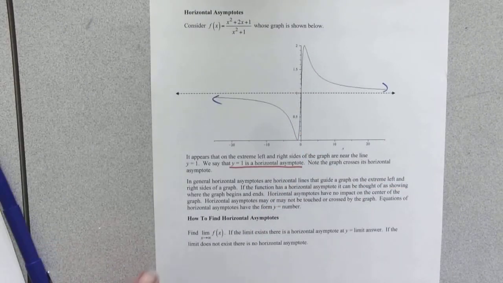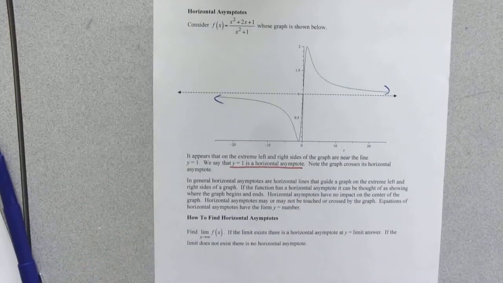Horizontal asymptotes, in general, are horizontal lines that guide a graph on the extreme left and extreme right sides of the graph. If a function has a horizontal asymptote, it can be thought of as showing where the graph begins and ends. Horizontal asymptotes have no impact on the center of the graph.